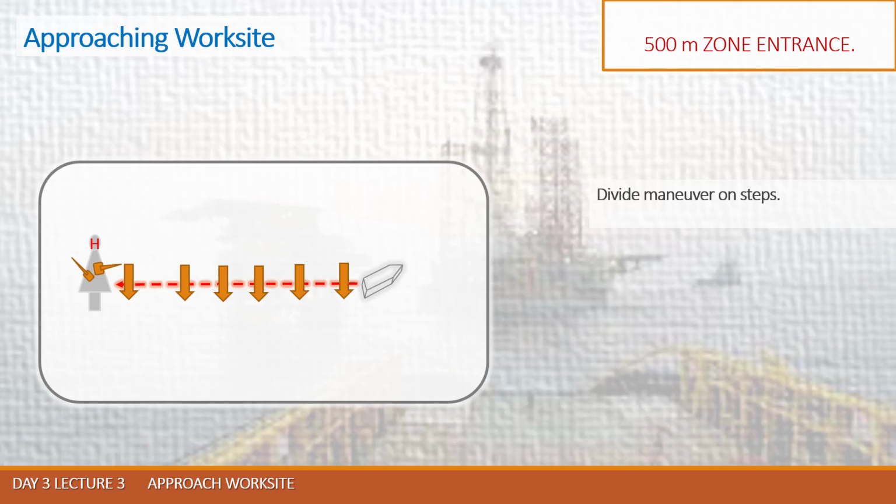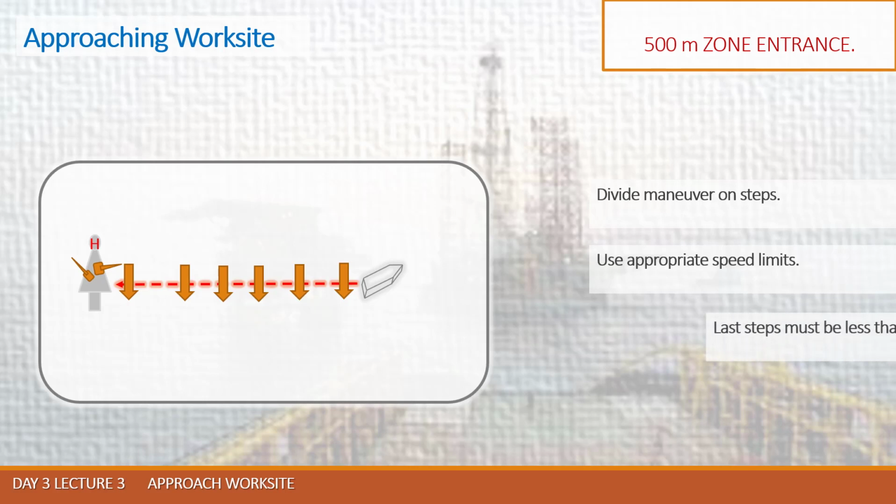Entering inside the 500-meter zone, we remember that mainly we have a speed limit, which is about 3 or 4 knots on entrance, or some locations require reducing the speed to zero. At the 200-meter zone, we have to reduce our speed, and from 100 to 200 meters we proceed with a speed of no more than 1 knot.